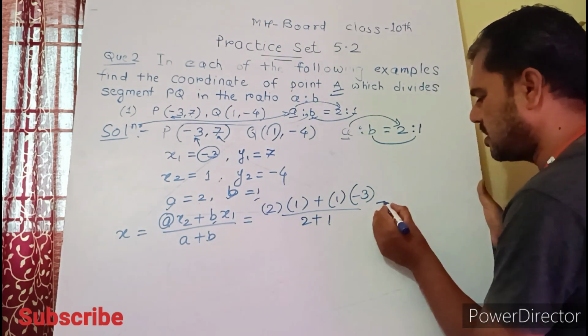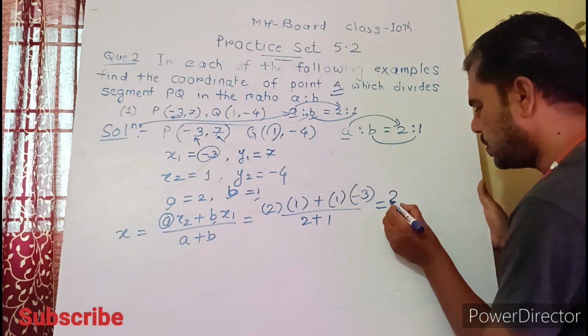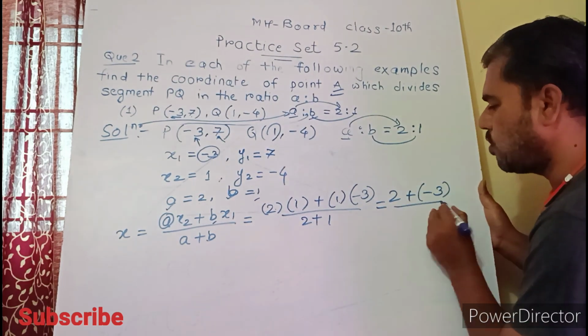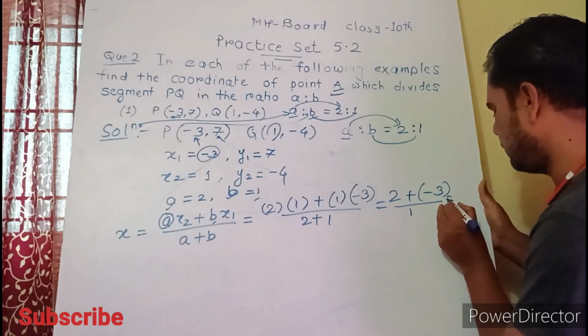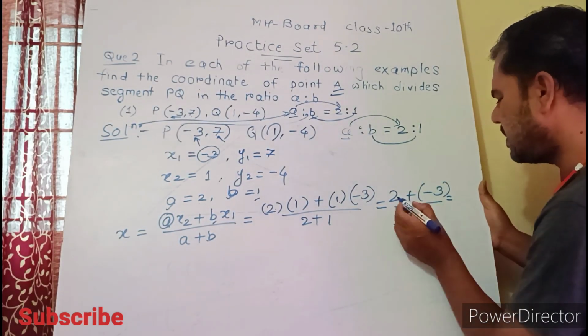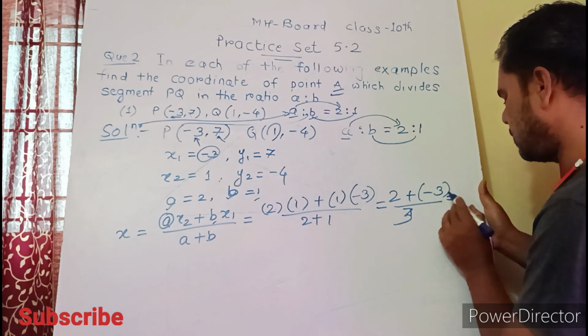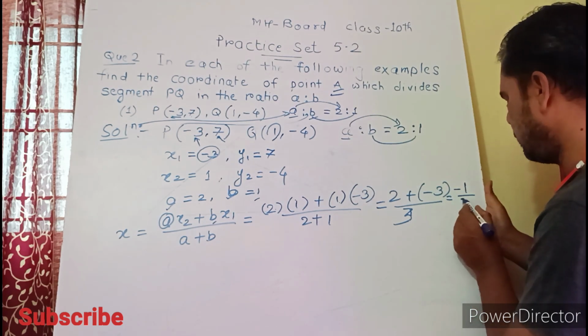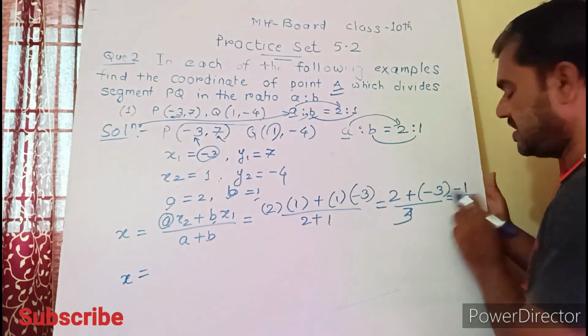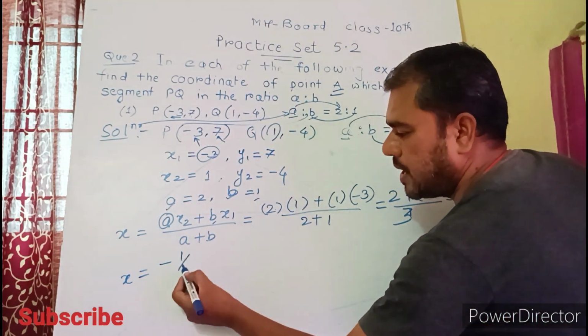Now this is 2 into 1 plus 1 into minus 3, divided by 2 plus 1, that is 3. So it equals 2 plus minus 3, that is minus 1, divided by 3. Here the value of x we get is minus 1 by 3.